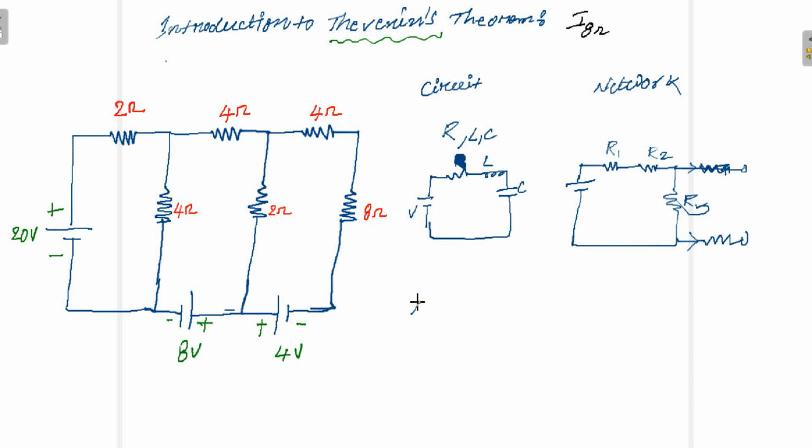A network is nothing but a collection of circuits which may contain open paths also. It means there is a chance that current is not flowing through some elements. That is the difference between the circuit and network.